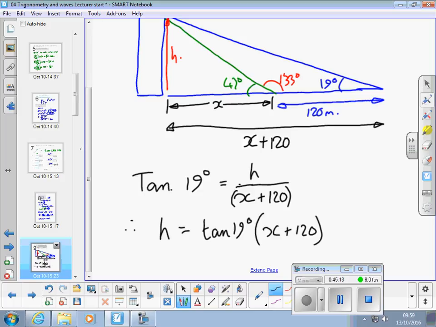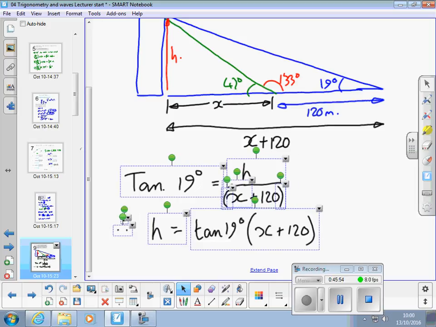What about this triangle, in terms of the angle we know, the distance h and the unknown distance x? How could we express that using the ratios? Which ratio would we use again? If we want to involve the opposite side h and that unknown x, what ratio would we use? I'm going to shift that over a little bit.